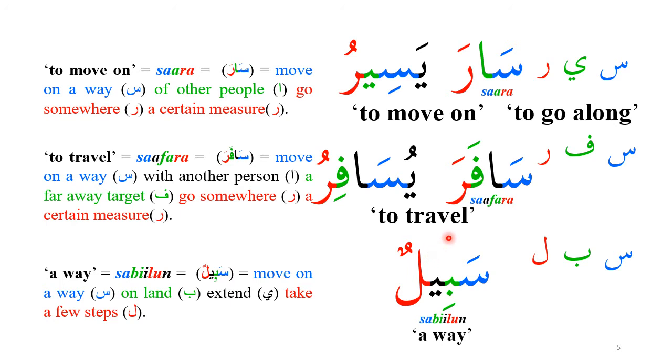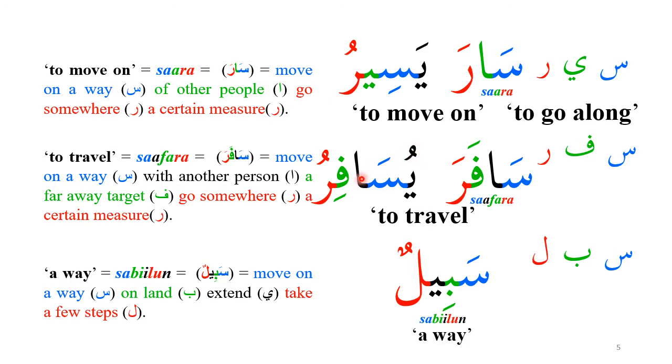To travel. So it's not just Sara means just move on irrespective of any goal or target in mind. But Safara means to go there on a target. And then this alif, which is added, it makes certain distinctions. First of all, this alif makes it the type 3 verb. So in the Muzaria or the present tense, it will be yu, not ya.